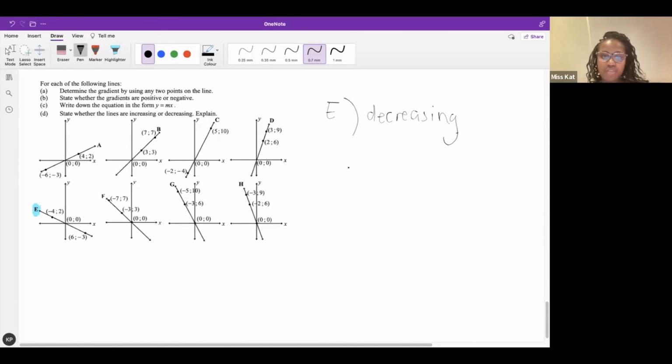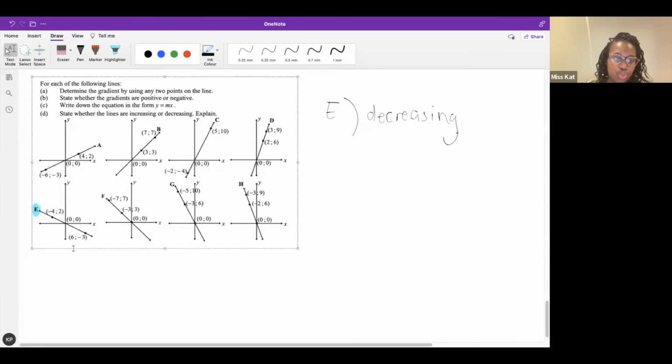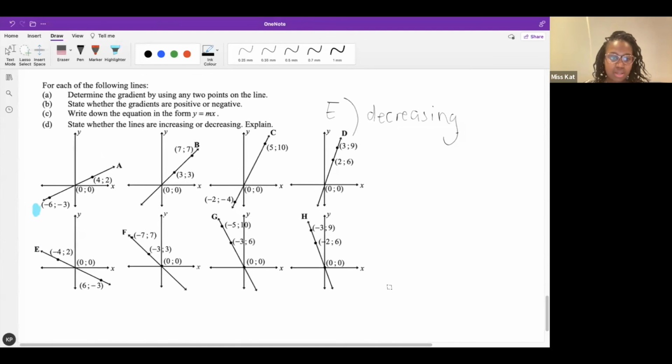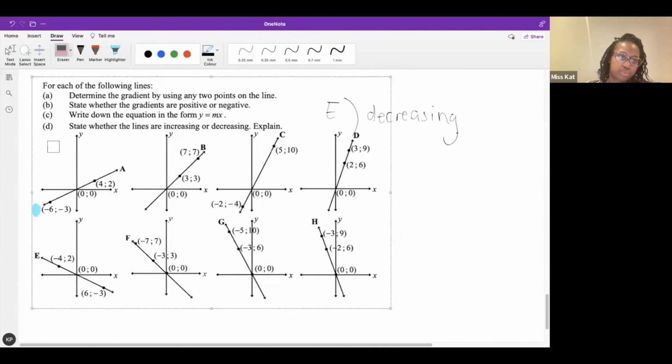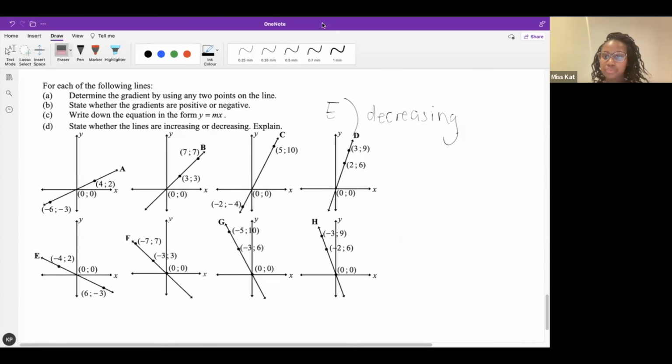Wonderful. For everybody who might be confused, let me zoom in a bit and make this picture bigger. There's E over there. It is decreasing. If it looks like the plane is landing, it's going down, then it's a decreasing graph. With A, if it looks like the plane is taking off, that would be an increasing graph.